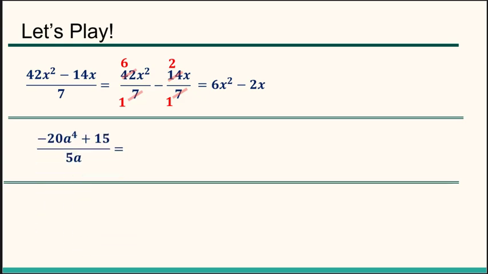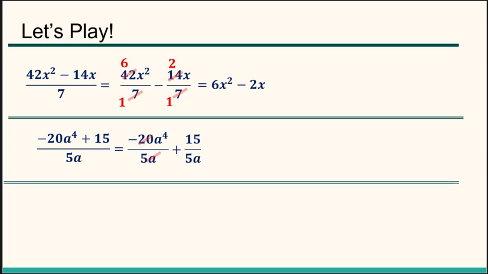Next, I have negative 20a to the 4th plus 15 all over 5a. I'm going to do the same thing and bust apart that fraction. So I'll have negative 20a to the 4th over 5a plus 15 over 5a, taking it one bite at a time. I'm going to reduce that fraction on the front end.